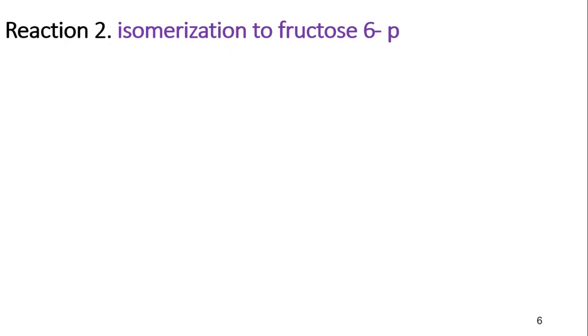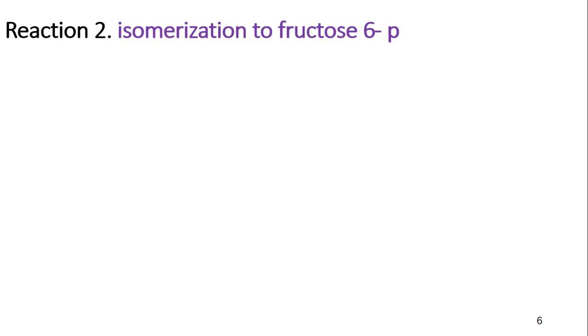So let's quickly look at the next reaction, which is just isomerization to fructose 6-phosphate. Remember, glucose has been formed. So when we talk of isomerization to fructose 6-phosphate, this simply means that glucose is changing from glucose to fructose, because glucose and fructose are just what?